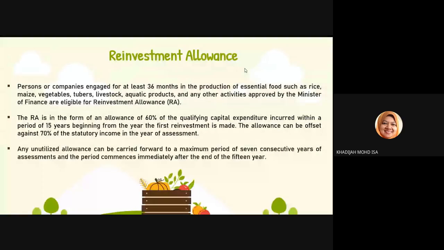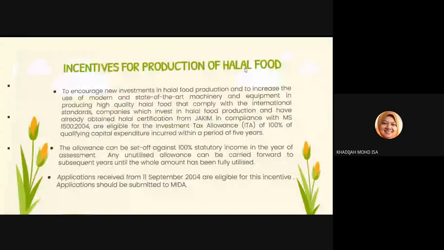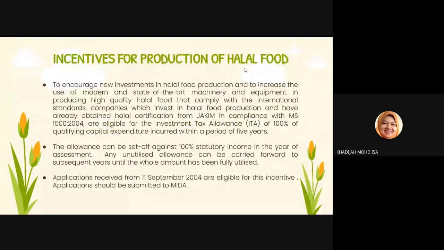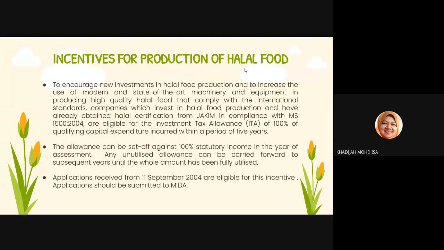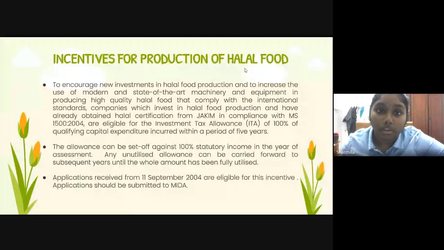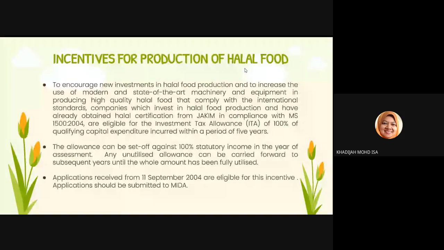Hold on, Shamila. If you were to go back to halal just now, you're given 100% on capex. So the computation, how does it work again? Production of halal food is on the investment, on the capex. So the computation is similar to ITA, is it?